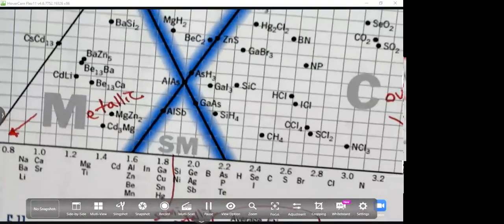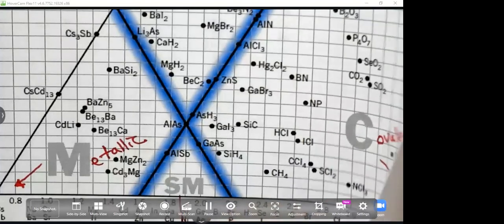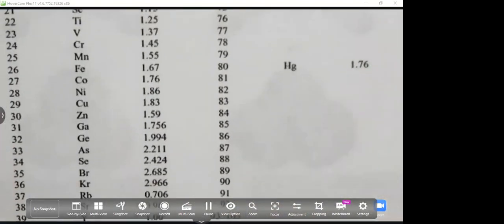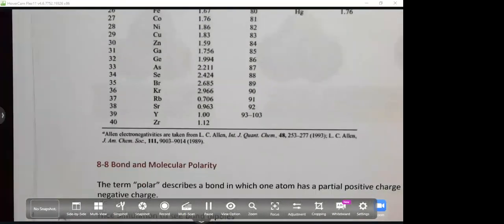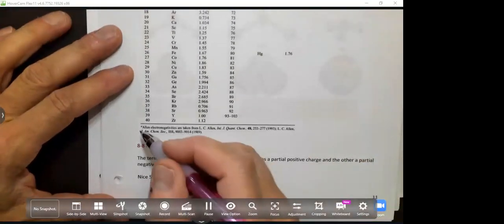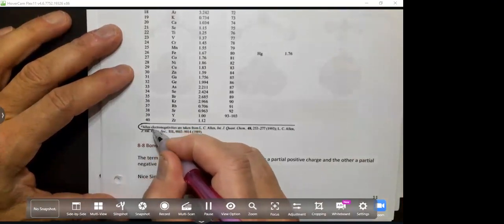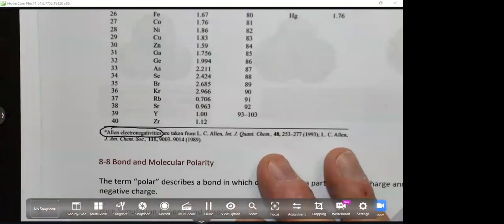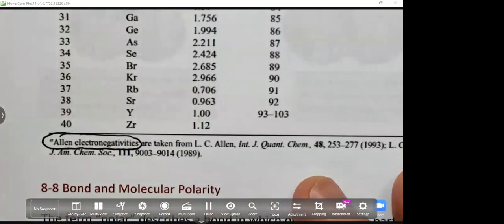The electronegativity with this bond triangle is on the next page. It's just called Allen electronegativities. They're a little bit different. Okay. So it doesn't matter.